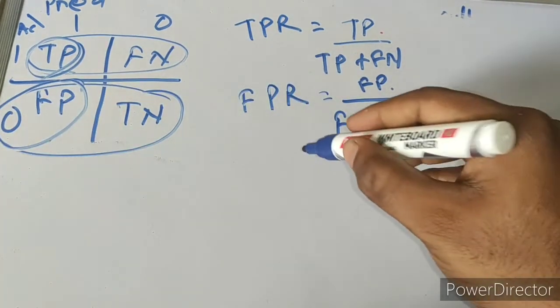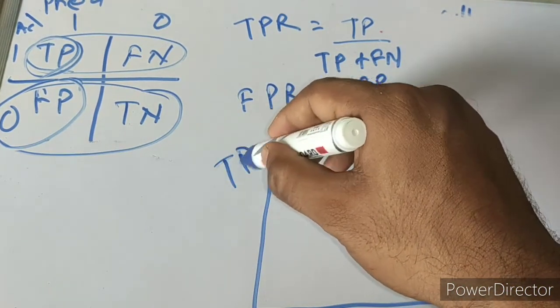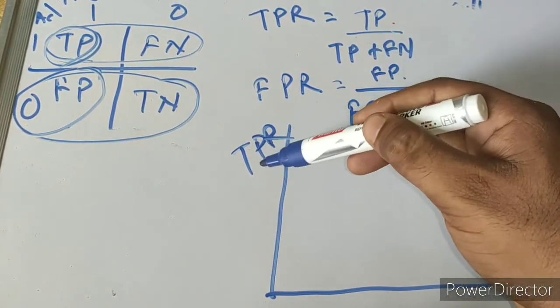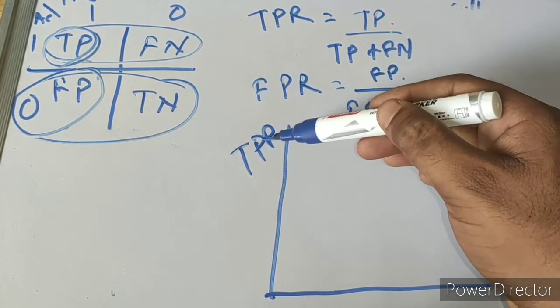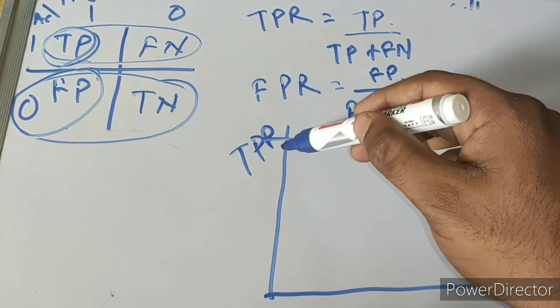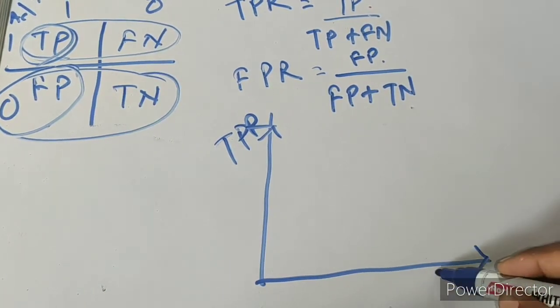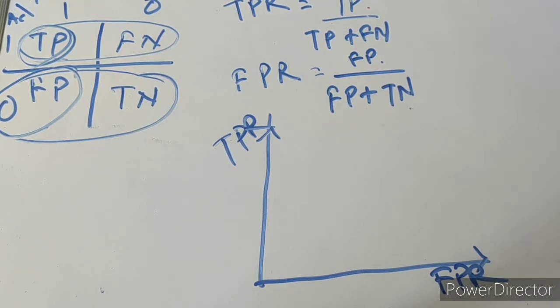That is false positive rate. So on one side, if we are taking true positive rate on the axis, out of total actual positive, how many are correctly classified? That is true positive rate. And on the other side, if we are taking false positive rate, out of total actual negative, how many are incorrectly classified?